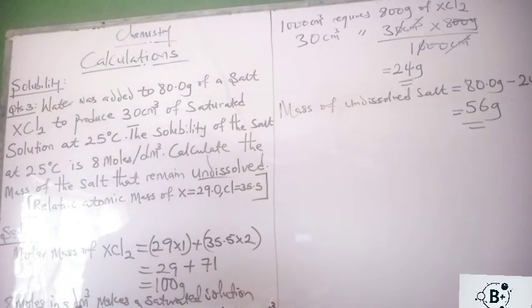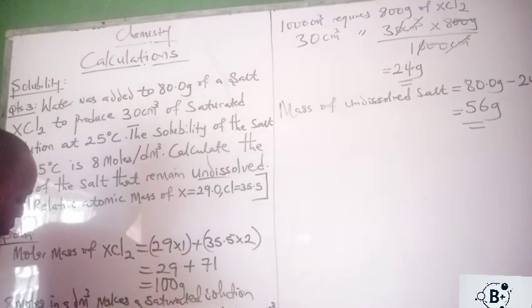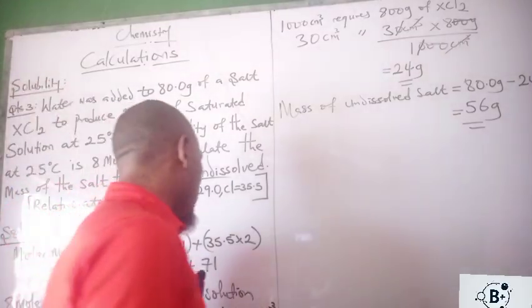Now 8 moles in 1 dm³ makes a saturated solution. Now the 8 moles of 100 grams SCl2 gives 800 grams in 1000 cm³.